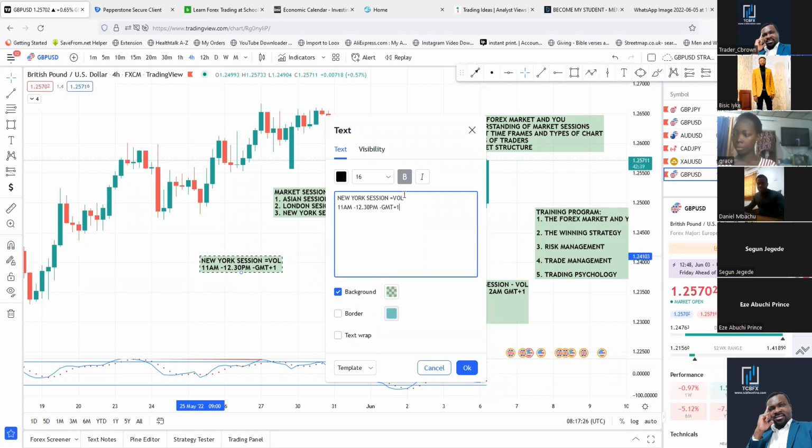You want to pay attention to this section. Then another aspect of volume that we want to focus on is 1 p.m. in the afternoon, because right now you just have 30 minutes difference.